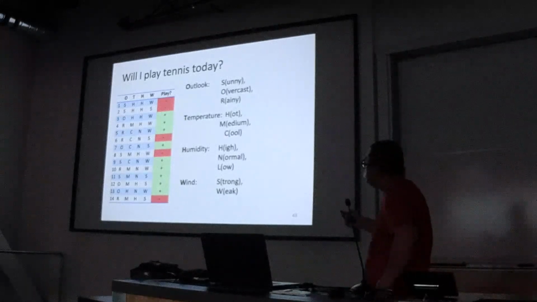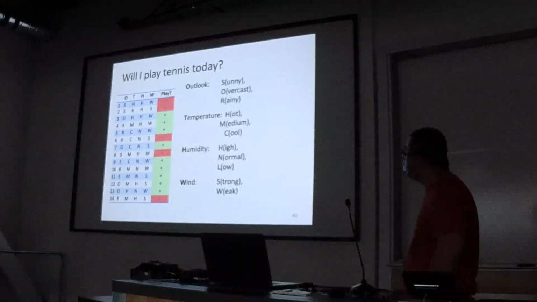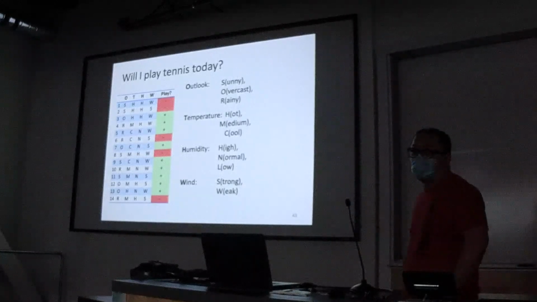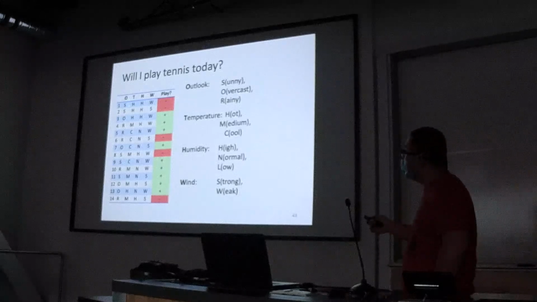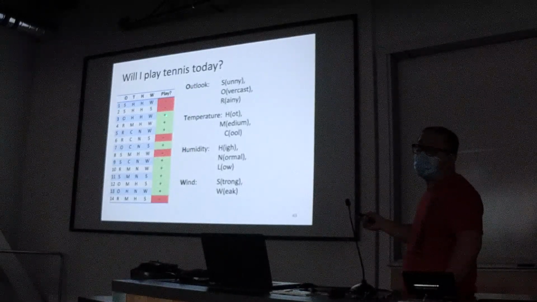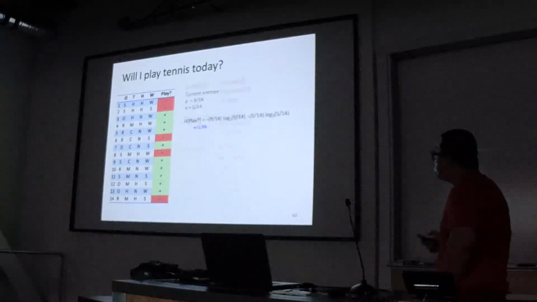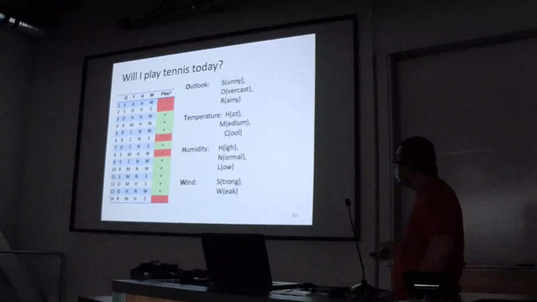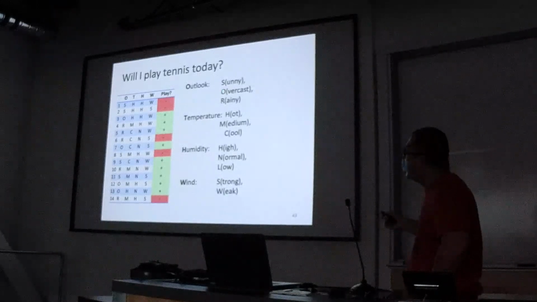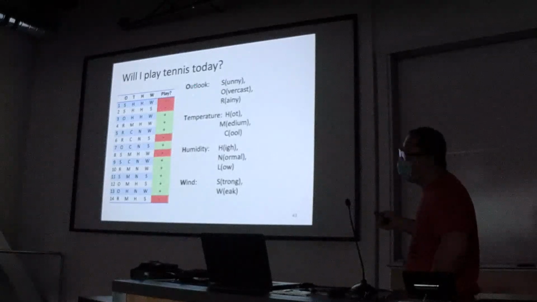Again, we have these 14 training examples collected in the past 2 weeks, where each row corresponds to a training example, recording the 4 weather features, outlook, temperature, humidity, and wind, and the decision, play tennis outside or not, right? Positive or negative. So we're going to manually follow the ID3 algorithm and information gain to create the tree.